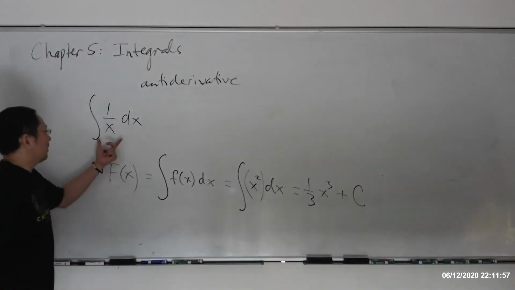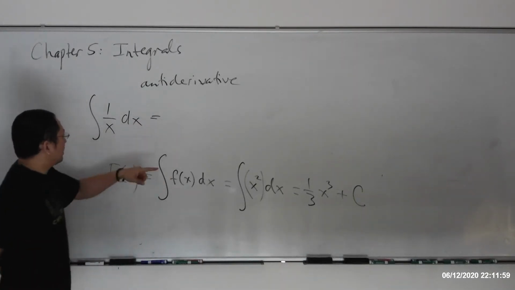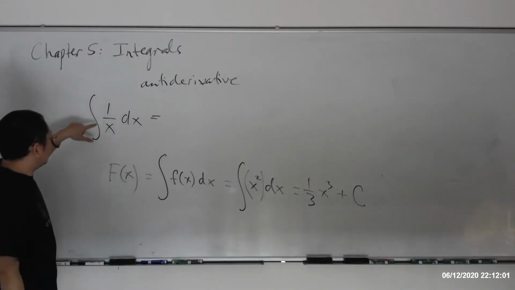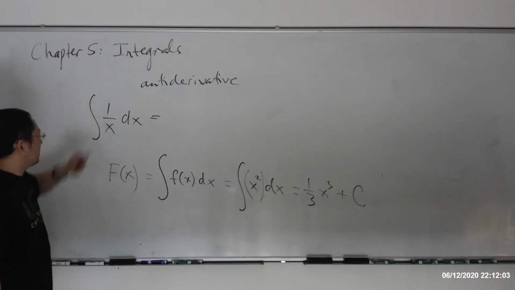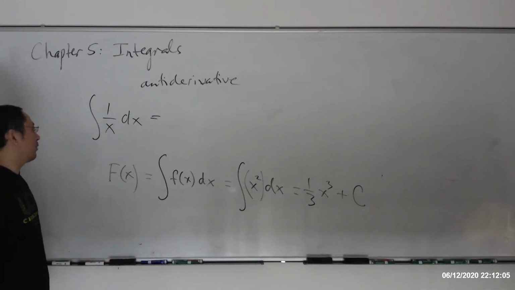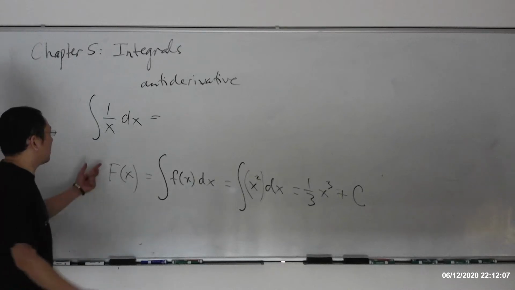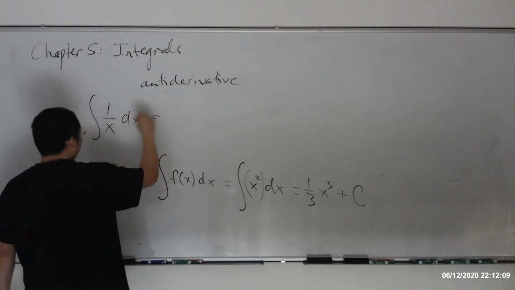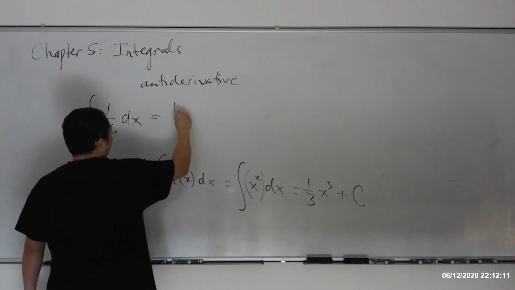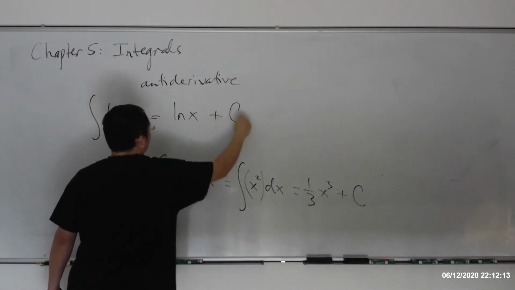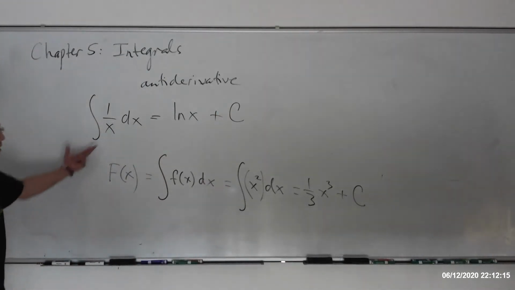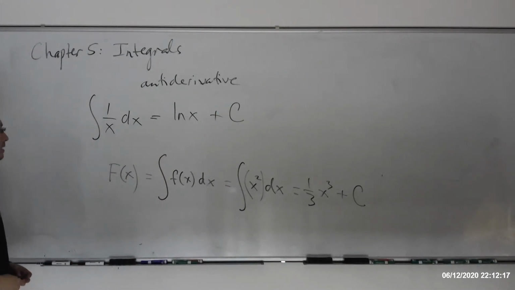What are we looking for? We are looking for a function big F of x such that its derivative is equal to 1 over x. And we know that the derivative of ln of x is 1 over x. So the integral of 1 over x dx is ln of x, and then don't forget to add plus c. Again, this is no more than the antiderivative that we learned. We just introduce a new notation called the integral.